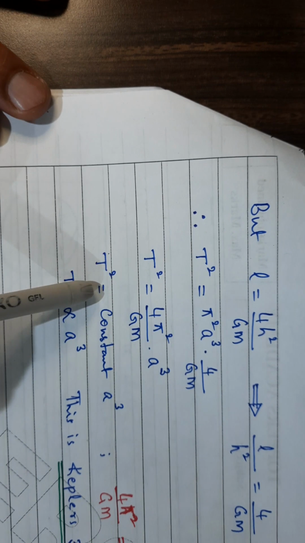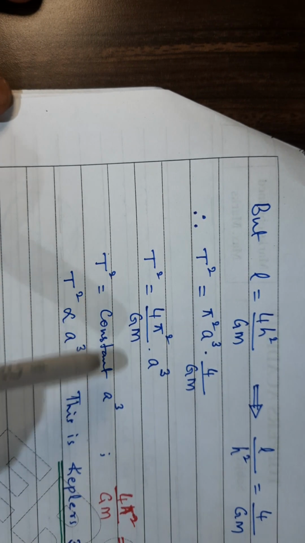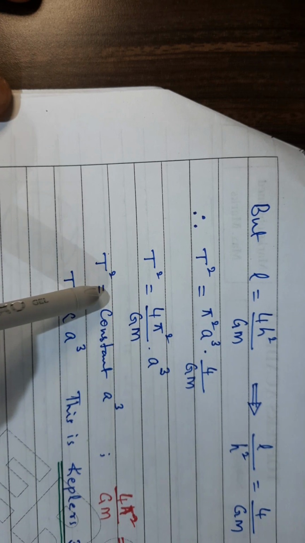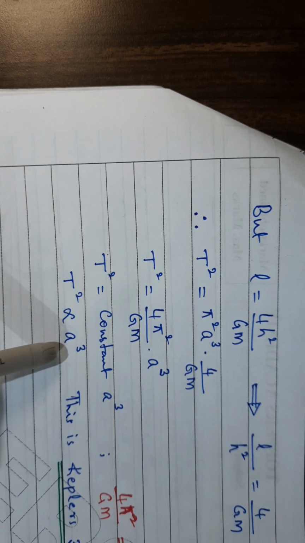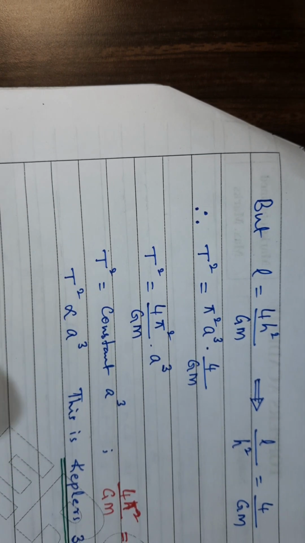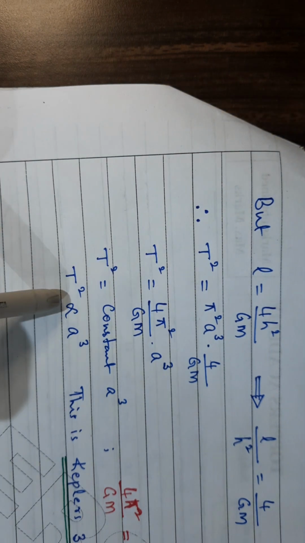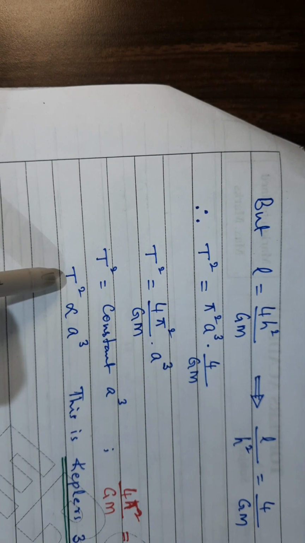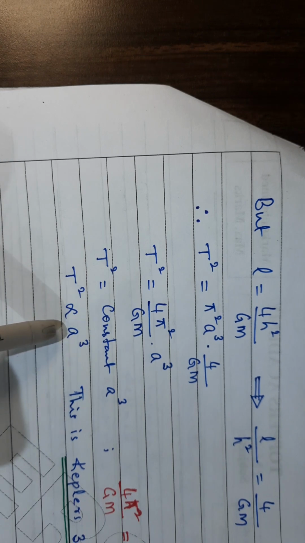Therefore, T square is equal to a constant into A cube. If I remove this constant and the equal sign also, we will get T square is proportional to A cube. T means time taken for one rotation of the planet around the sun. Square of the time period is directly proportional to cube of the semi-major axis.